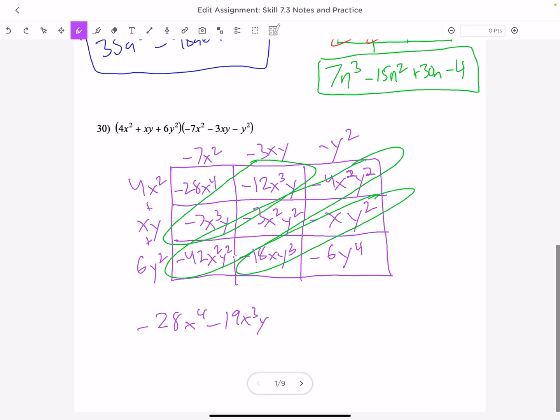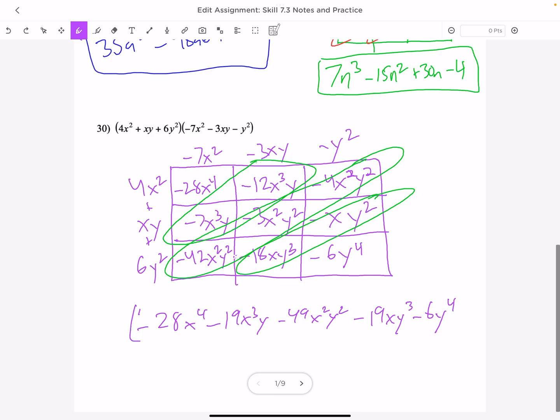All right, minus 4 minus 3 is negative 7 minus 42, that's minus 49 x squared y squared. 18, that's minus 19 x y to the third, and finally minus 6 y to the fourth.